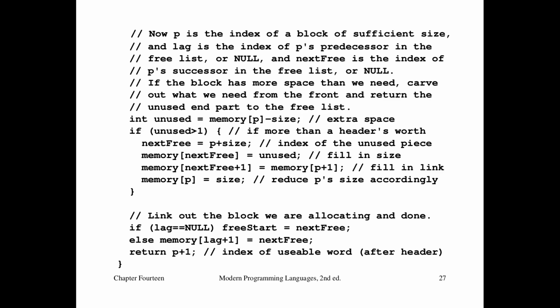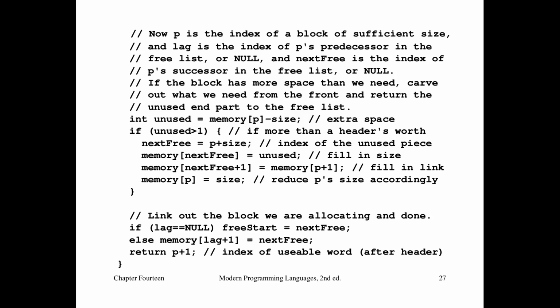Now, we basically have to adjust this so that we know what's going on in our list. We say unused is equal to the memory at p minus the size.